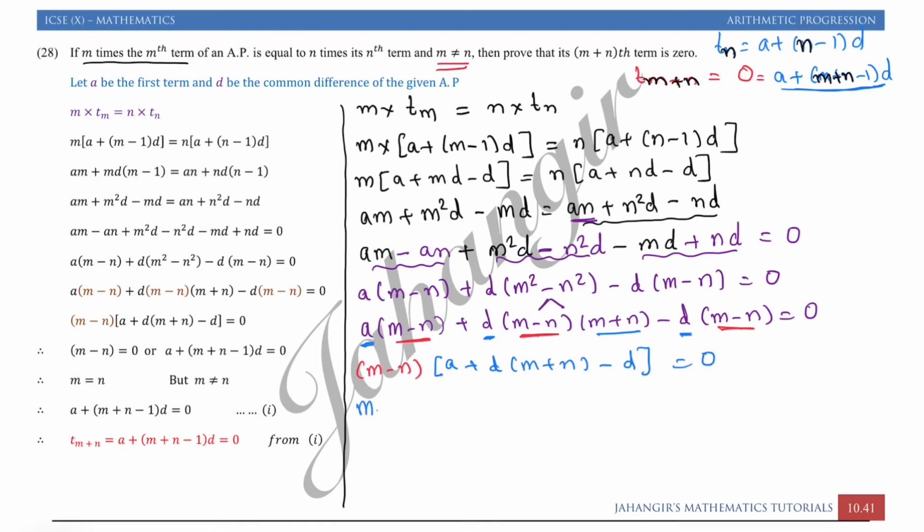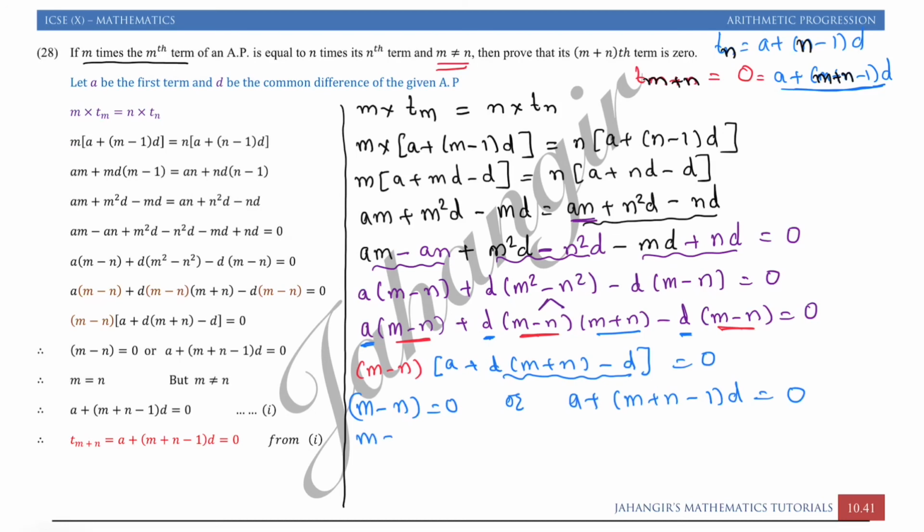So I can write (m minus n) is equal to 0, or a plus, from this part I can take out d common, (m plus n minus 1) into d is equal to 0.